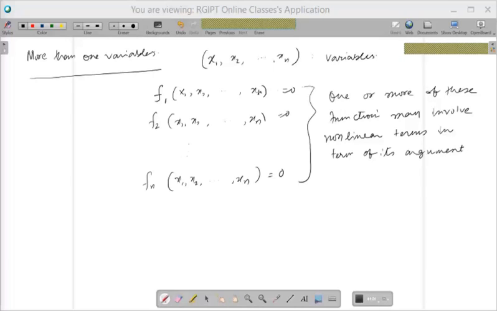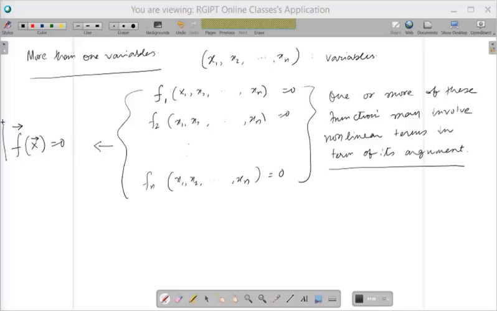We can have x1 x2, or x1 squared, or x2 x3, or 1 over x5, log of x5, sine of xn, like that. You can have nonlinear terms present in your expression on the left-hand side. All together, I'm going to write in shorthand f of x (vector) equals 0. F means I am talking of many functions, f1, f2, f3, and the arguments are also vectors x1, x2, x3.